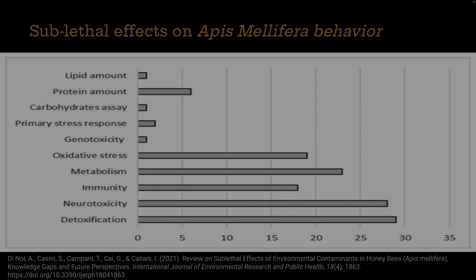Sublethal exposure disrupts the olfactory system of those who come in contact with it, and as a result, increased difficulty in foraging for food. This study also highlights the gap in knowledge about long-term colony effects, emphasizing the importance of further research into sustainable pest management.